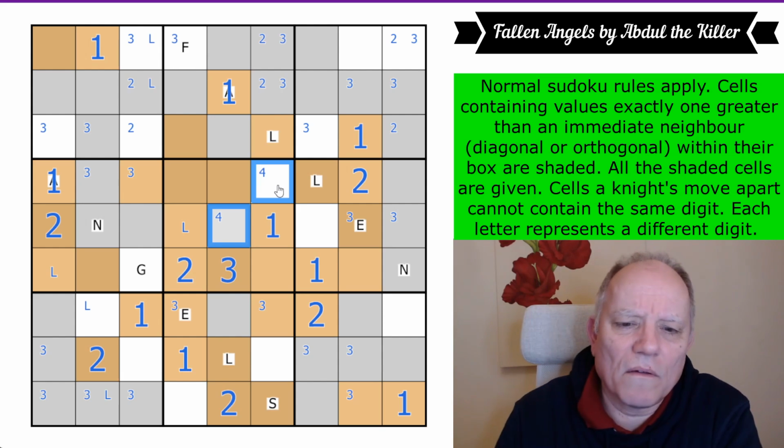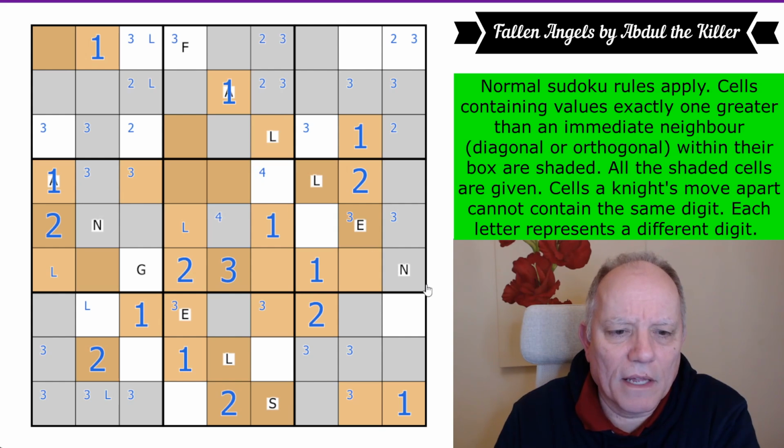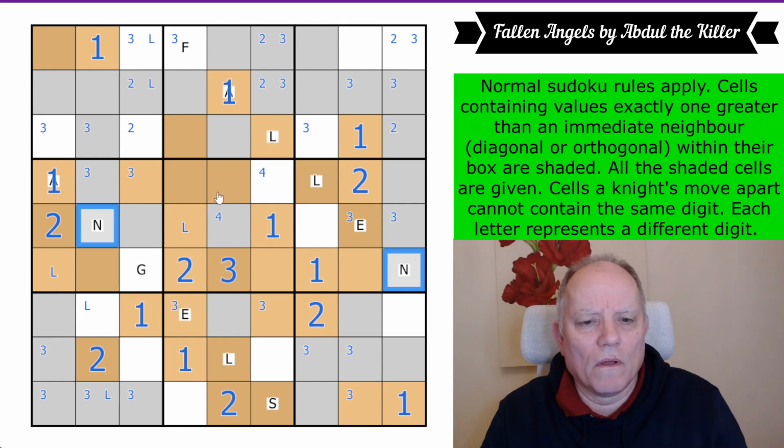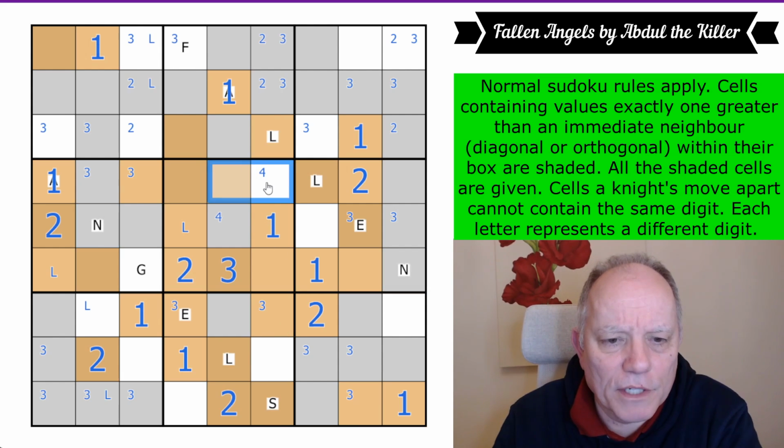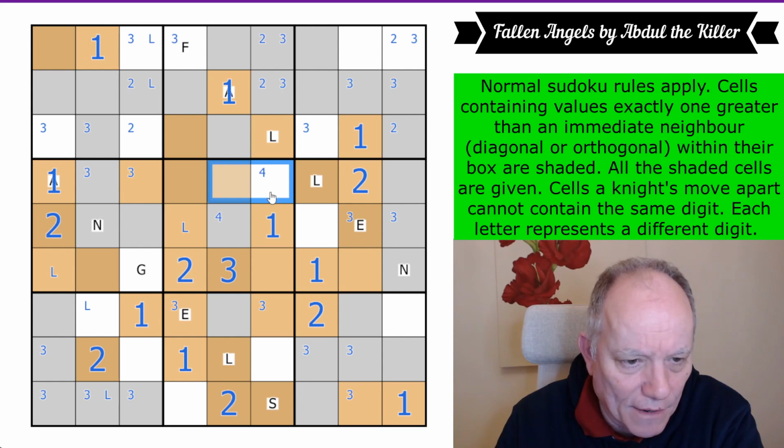It's N. Can N be 4? Let's just have a look what would happen to N if it was 4, just because it quickly propagates around the grid. I can't really see what goes wrong with that. In fact, one of those two is N. I'm not going to mark that in, but I have noticed it now.